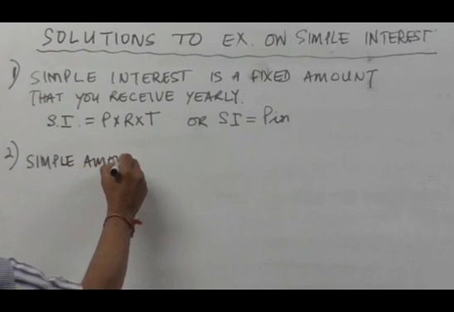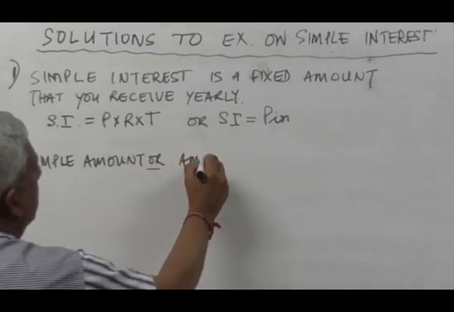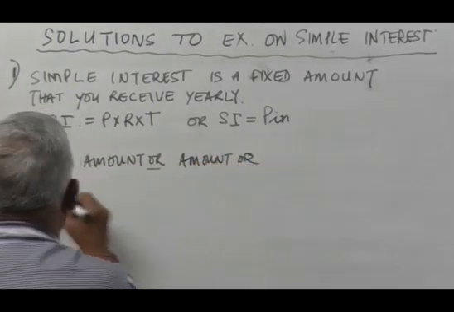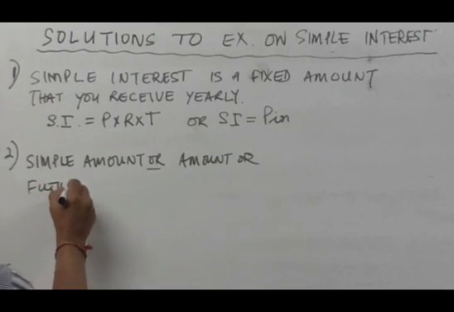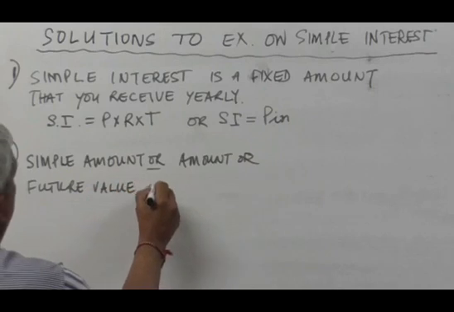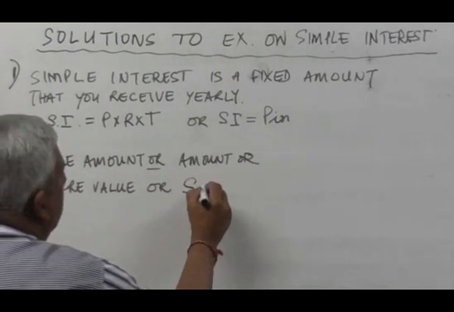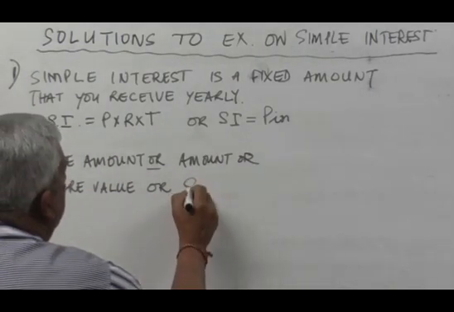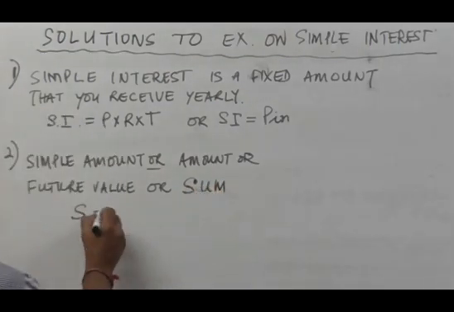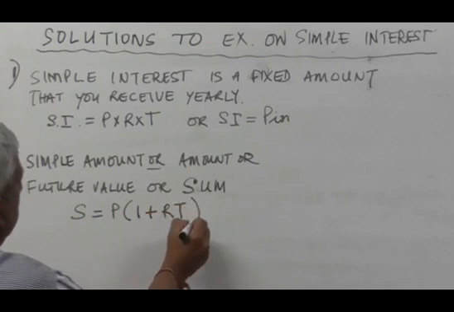Simple amount or amount or future value or sum is equal to, S is equal to P into 1 plus RT.